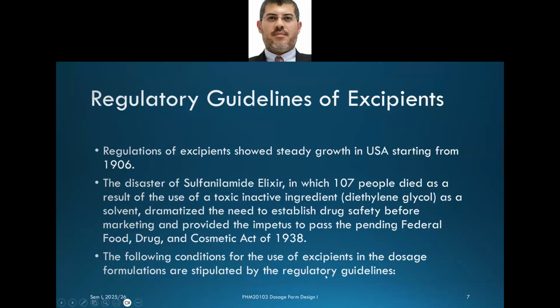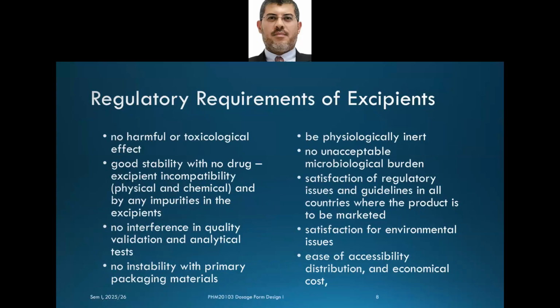In these regulatory guidelines, these are the conditions that have been stipulated regarding the excipients used in pharmaceutical formulations. Number one, the excipient should have no harmful or toxicological effect.